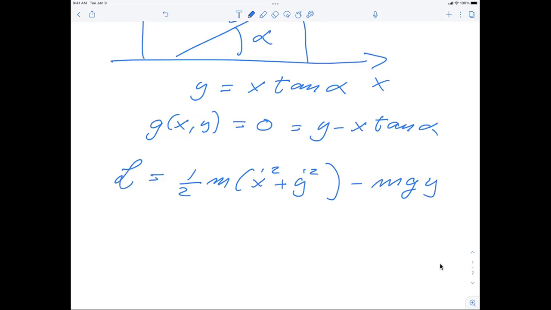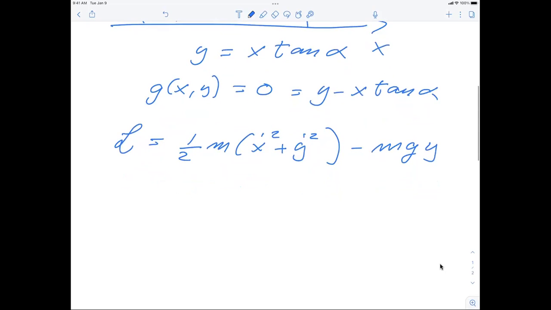Now, this is my potential energy, right? And then I have an additional term. I'm just giving you the top-down approach today, and on Monday, we will derive where this parameter lambda comes from.